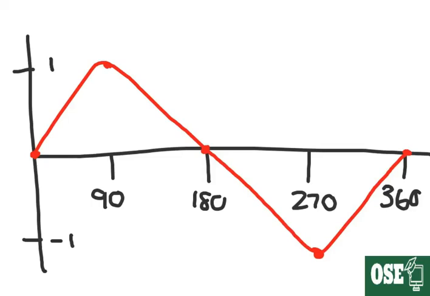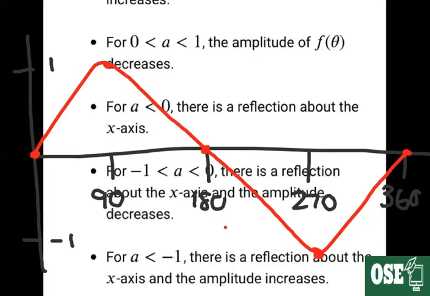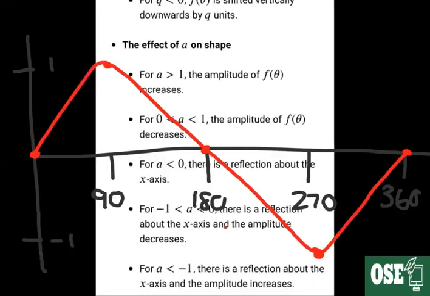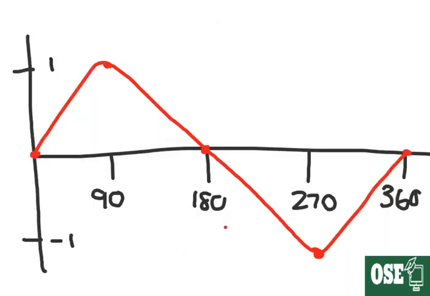Okay. So Nkrumah, give me a sum where A is greater than 1. Any formula where we have sine theta, but A is greater than 1.